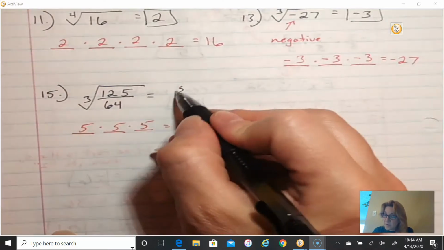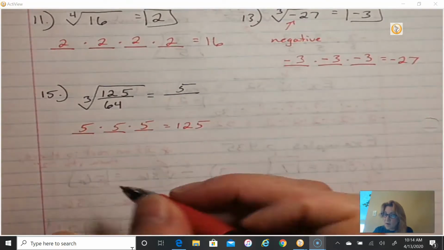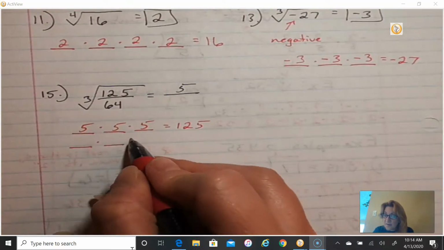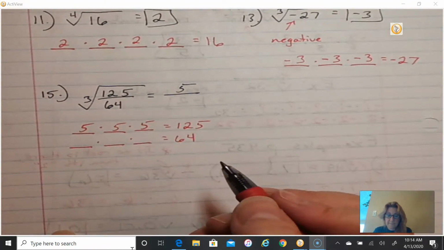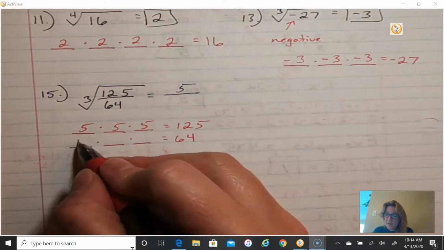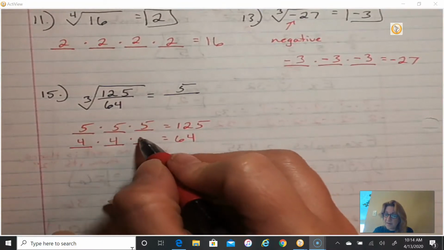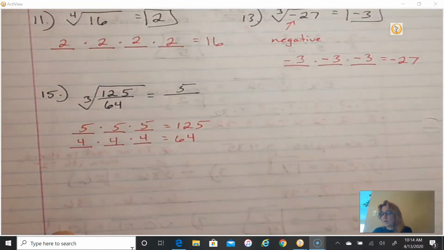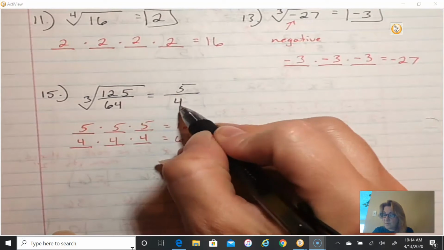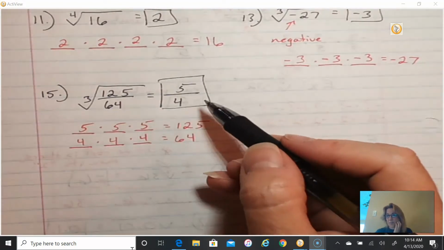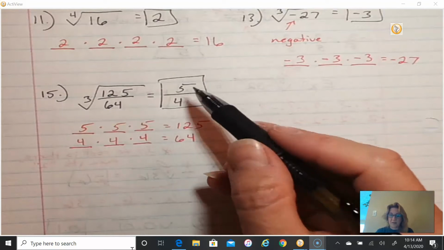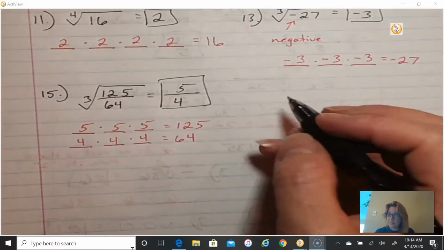So the top number is 5. Now what number times itself 3 times is going to give you 64? 4. 4 times 4 is 16. 16 times 4 is 64. You don't have to change it to any improper fraction, mixed number or something like that. You just leave it the way it is.